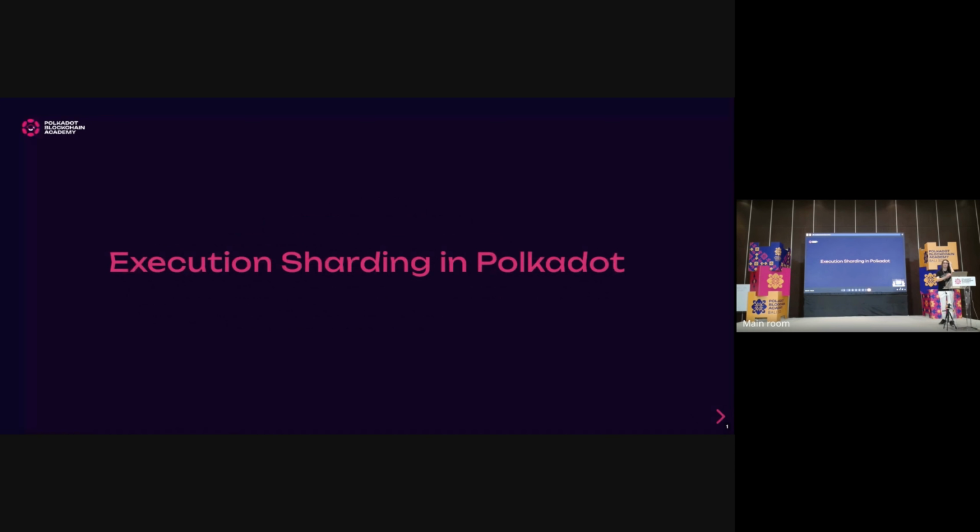So we are proceeding now to the execution sharding. As a reminder, we went through the state sharding: how the state is split, and how the collators are getting all the transactions and sending them over. Now we'll be looking at how the execution can be sharded.